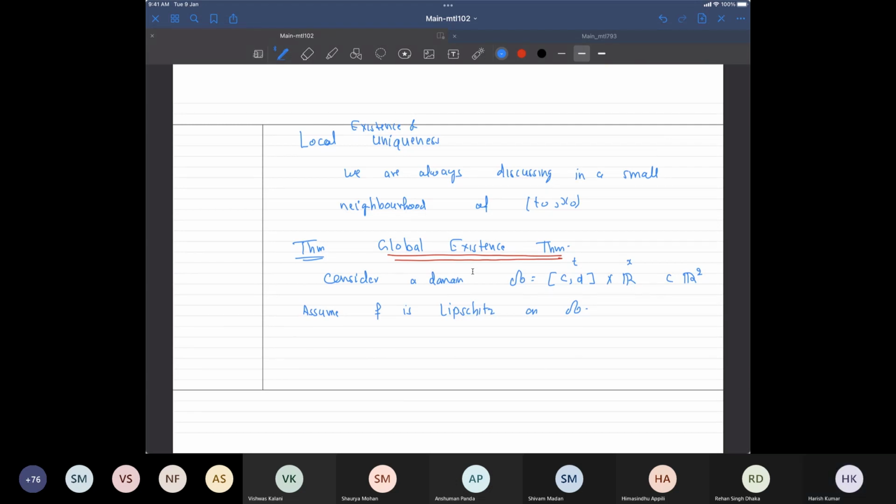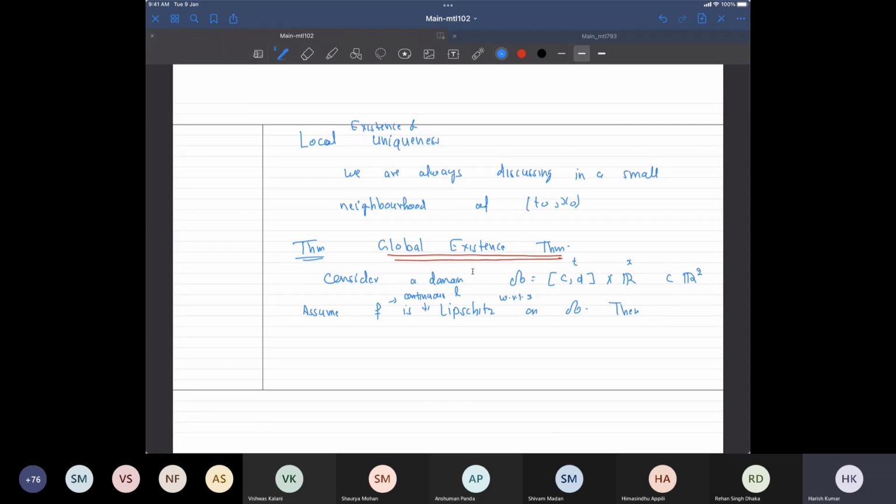Then, of course, when I say it's Lipschitz, that means it's also continuous in omega. Let's write it explicitly also. f is continuous and Lipschitz with respect to x. So Lipschitz continuity is with respect to the second variable only, not with respect to the first one.